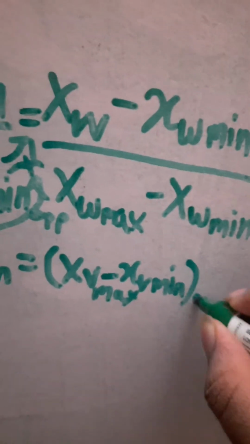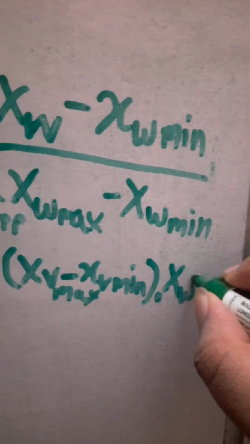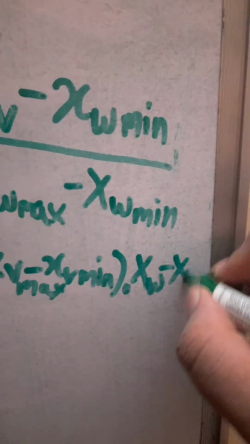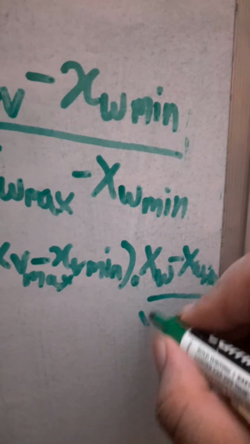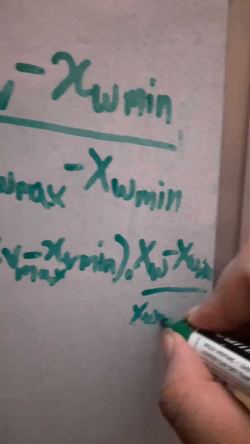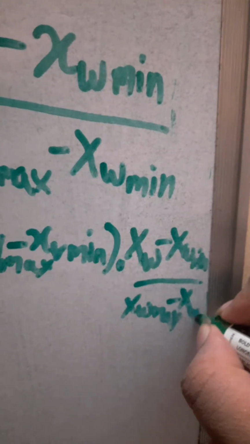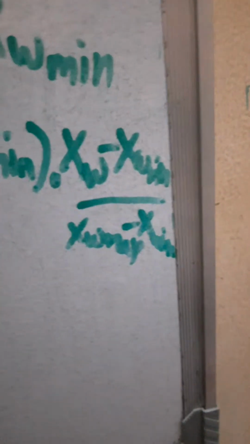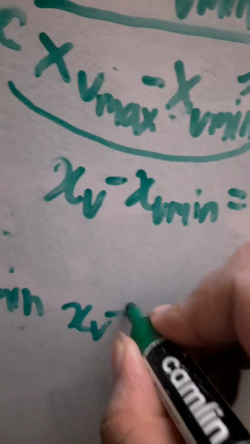Now this is xw minus xw min divided by xw max minus xw min. You got it, right. So now what is happening here is xv minus xv min.